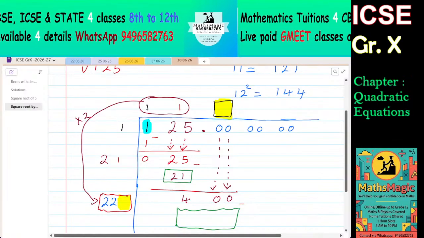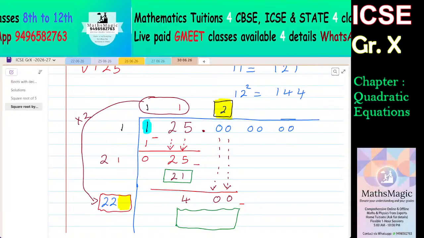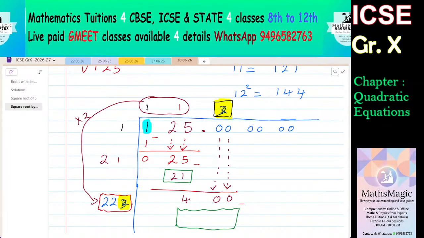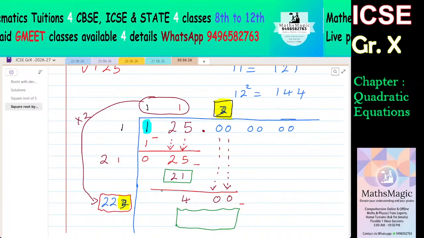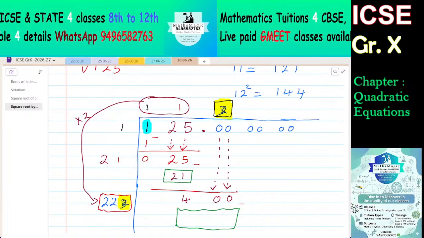Now you can start with 1 if you wish. 1, here also 1, then 2, here also 2, if you want 3, and here also 3, and so on. Just try it yourself. Okay.